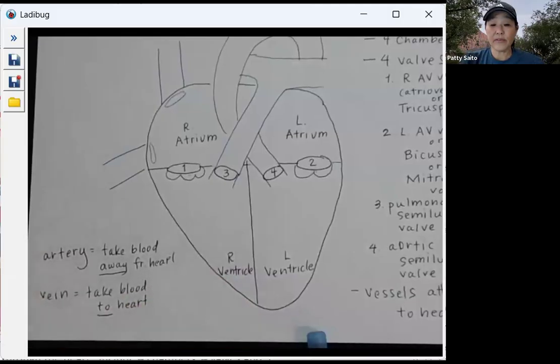Okay, so that's the main difference. To and away from the heart. Now, most arteries are oxygenated. Most veins are deoxygenated or low in oxygen. Okay, but there are exceptions. So we have to use this definition of an artery and a vein because of those exceptions.